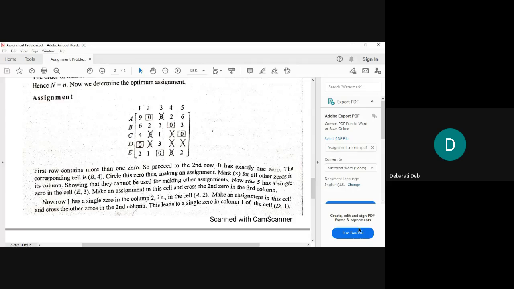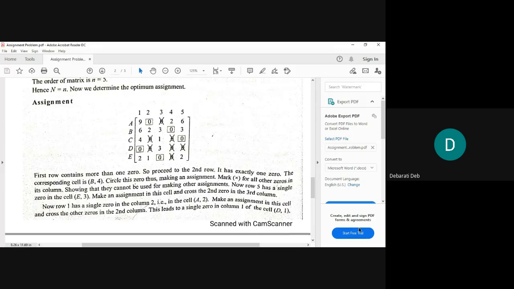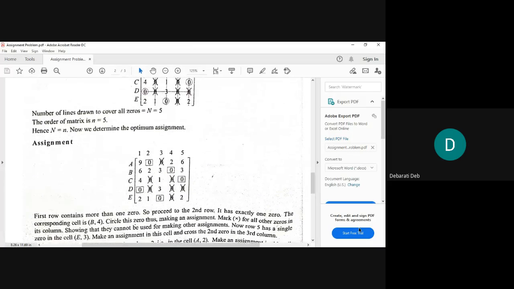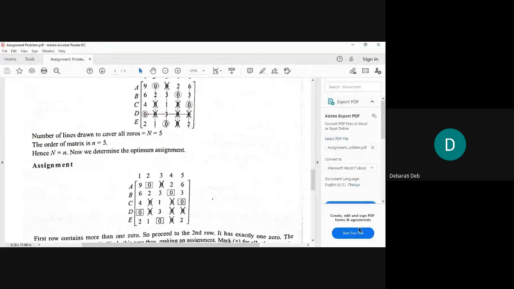After that line, you draw the matrix again. A fresh matrix, having the same numbers as the previous one where you had drawn the lines.